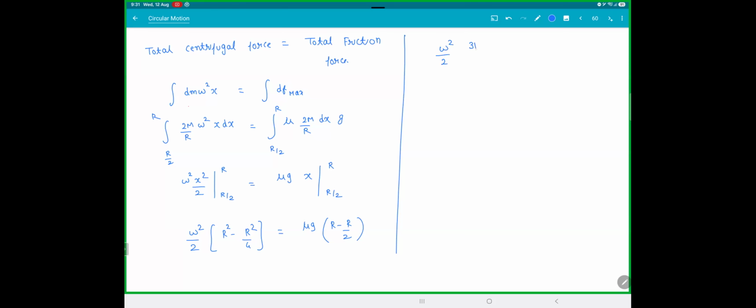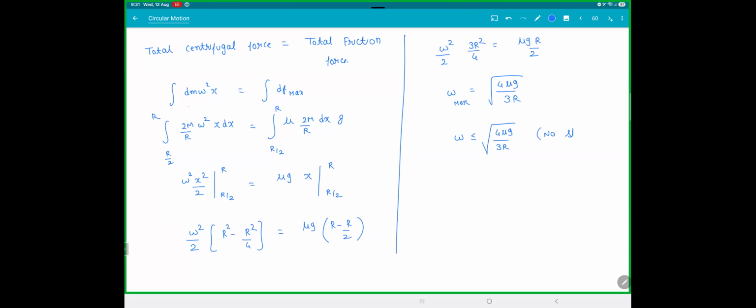Omega square by 2, 3r square by 4, equals mu g r by 2. The 2 will cancel. We get omega is equal to root of 4 mu g by 3r. This is your maximum omega. If you rotate anything faster than this, the rod will slip. So omega less than or equal to root of 4 mu g by 3r is no slipping.